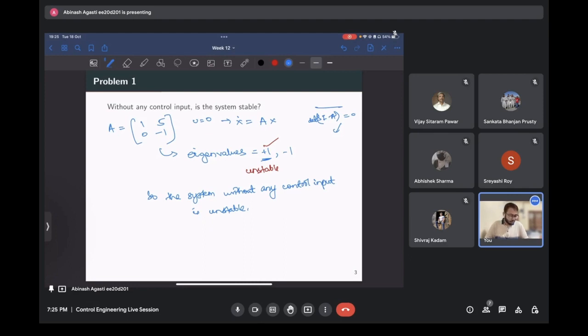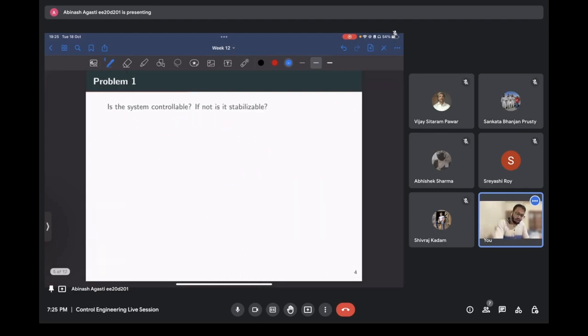Okay. So is the system controllable? And if not, is it stabilizable? So how do we check whether the system is controllable or not? How do we check whether a given linear system is controllable or not?